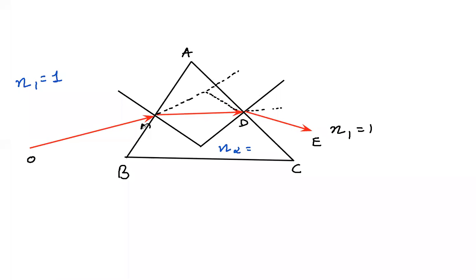If I show my OM ray extended in a straight fashion, and I compare it with my DE ray, which is actually coming out, it gives me one angle that is called the deviation angle. You can see that this dotted path is of my OM ray.